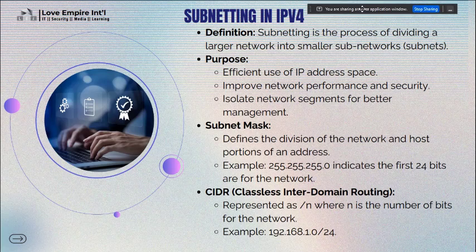That's what subnetting simply means. Subnetting is the process of dividing a larger network into smaller sub networks. So when you hear of subnet, it is short for sub networks.